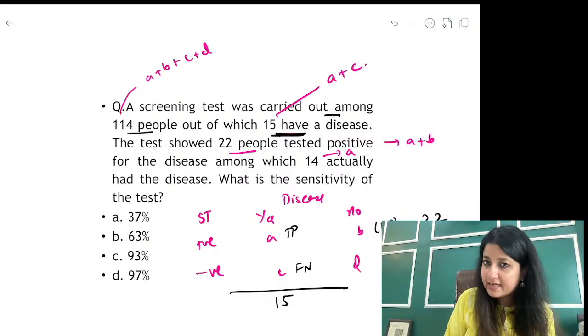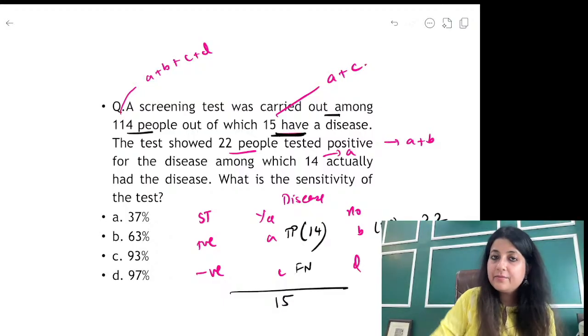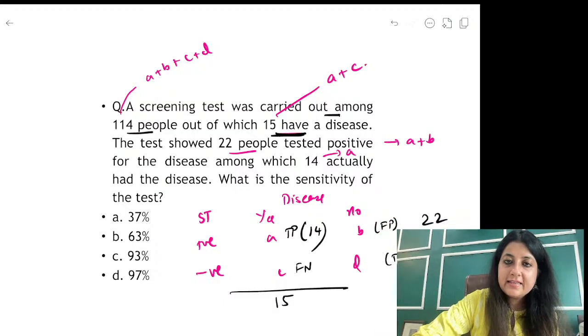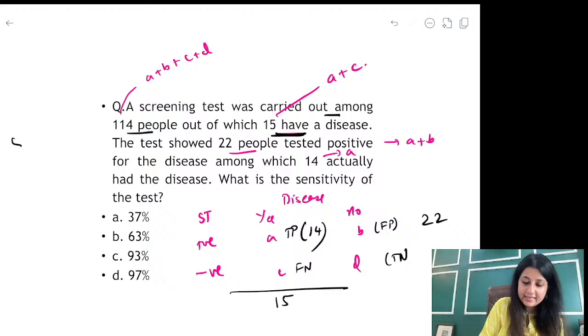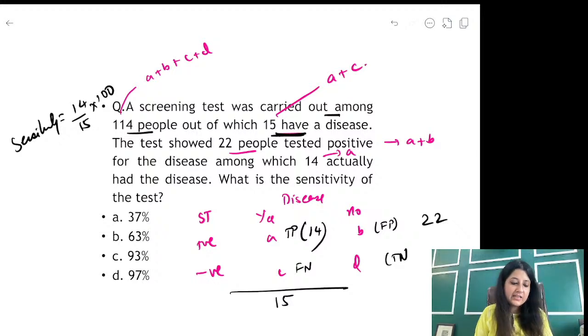Out of which 14 actually had the disease, 14. What is sensitivity? Sensitivity is nothing but 14 by 15. You don't need to calculate. It is going to get you around 93.